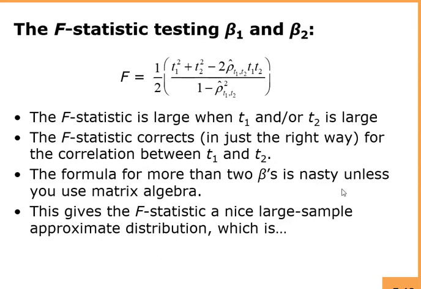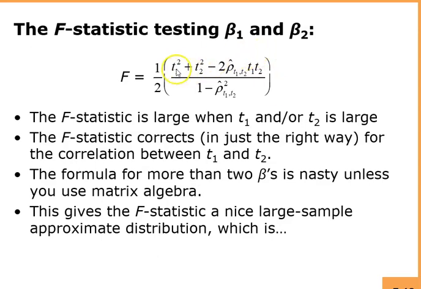So a couple of things that you will note from this formula for the F stat is that F stat is large when T1 or T2 is large, and that is simply because T1 square plus T2 square are in the numerator over here. The F stat corrects in just the right way for the correlation between T1 and T2. Like I mentioned earlier, the correlation between T1 and T2 will also affect the joint hypothesis testing.